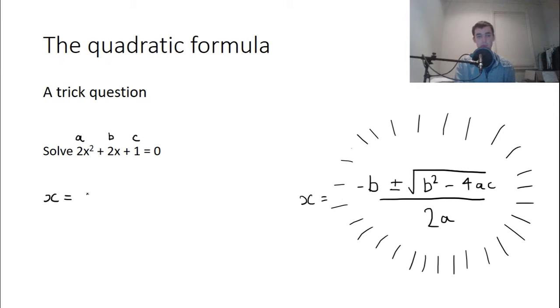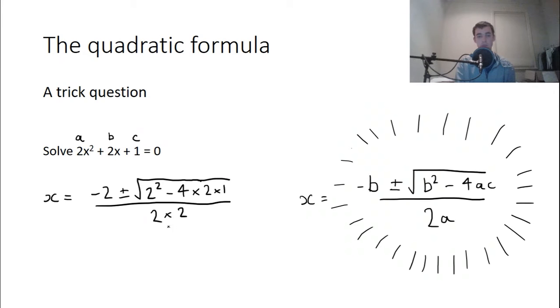x equals negative b is, well, b is 2, so it's negative 2, plus or minus the square root of b squared, which is 2 squared, minus 4 times a times c, which is 4 times a is 2 times 1, all over 2 times a, which is 2.